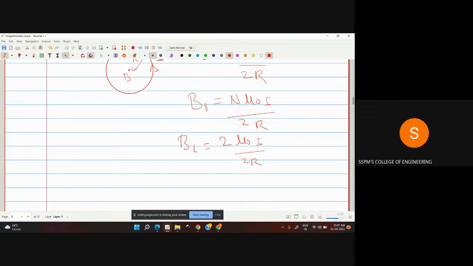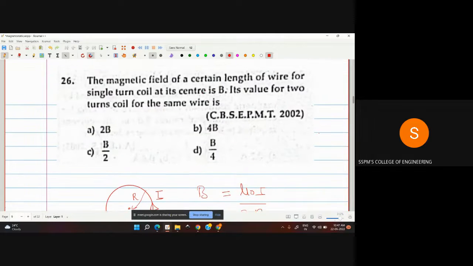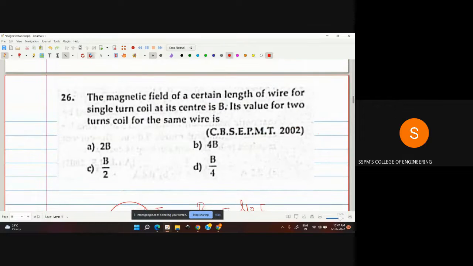But mu 0 I divided by 2R is given, it is b. So what is b1? b1 is equal to 2b. The magnetic flux will be increased by 2. का increase होतं 2 ने? Because number of turns is 2. आणखी टर्न वाढवल्यामुळे काय होणार, magnetic flux will increase, it will become double.